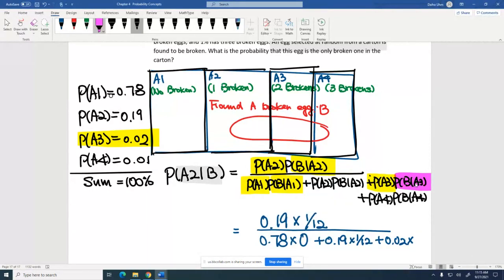What is the chance I pick one of them? 2 out of 12. And the last one will be 1% to select the carton which had 3 broken eggs already. And the chance I pick a broken egg is 3 out of 12.